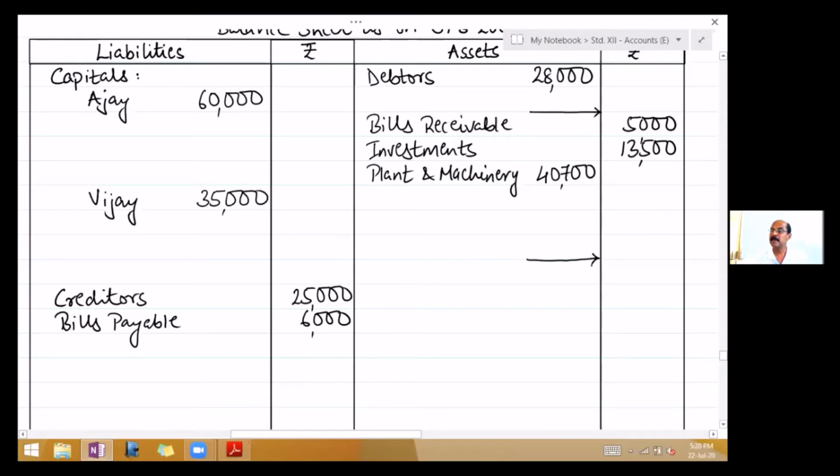Next, after plant and machinery, furniture, again on the asset side. Furniture 18,000, no adjustment. Outer column 18,000. Next, cash in hand 2,500. That is also an asset.